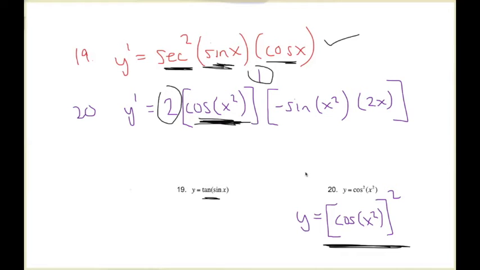Well, the cosine is the outer of those two, and the x squared is inside it, so to speak. So the derivative of the cosine is the negative sine of that x squared. And then finally, the last stage is we got to take that x squared and chain rule it again to 2x. And I believe that's the unsimplified derivative of number 20.